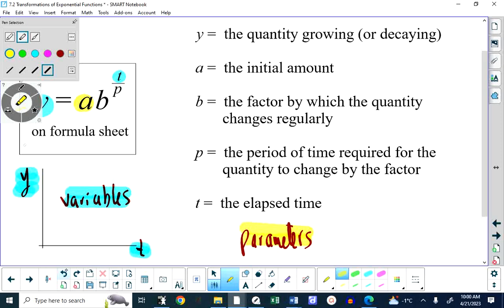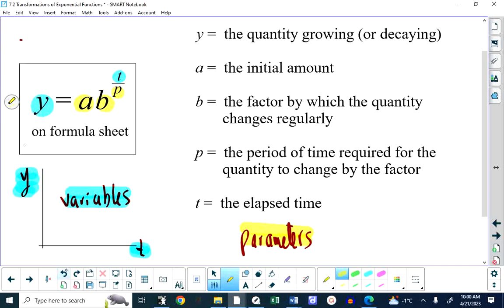So A is a parameter, B is a parameter, P is a parameter. And the reason why I think that's important is a parameter is a constant for every situation. So for the radioactive decay of uranium-235, A, B, and P will be numbers in the equation, but Y and T are variables. T is the length of time, and Y is the amount of stuff left.